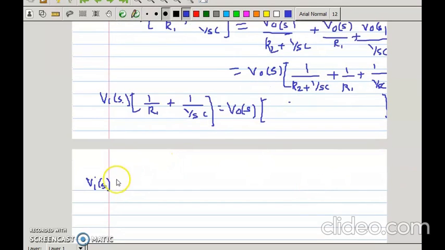When we cross multiply, 1/R1 as it is, plus, division of division, that means SC upon 1, is equal to V(S).